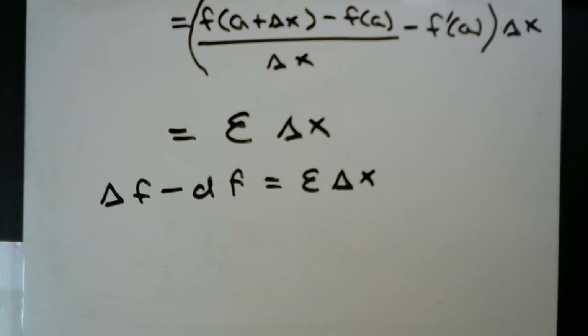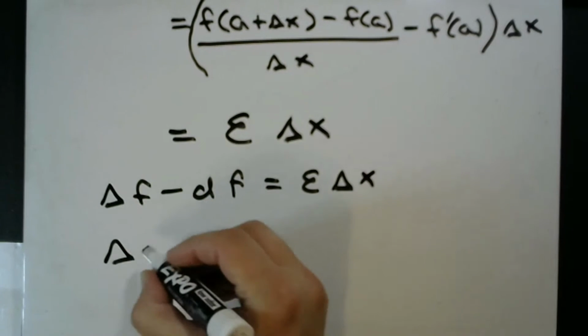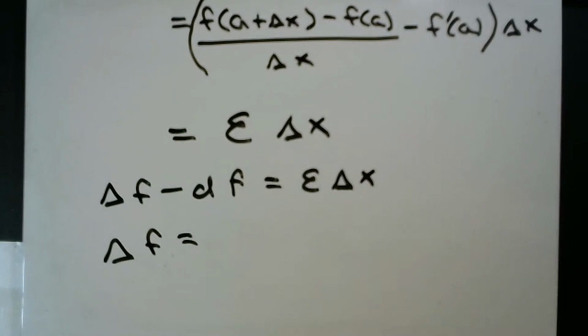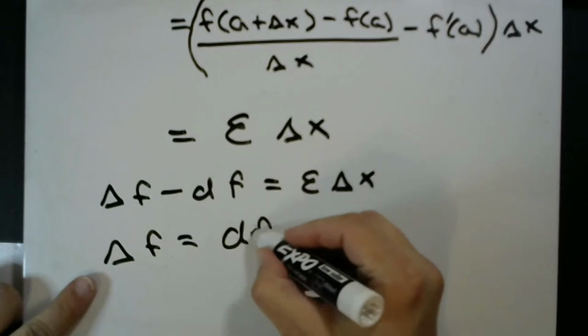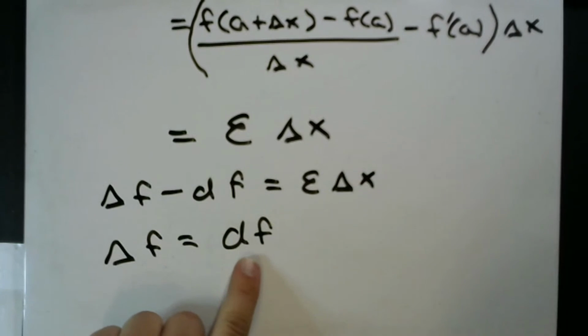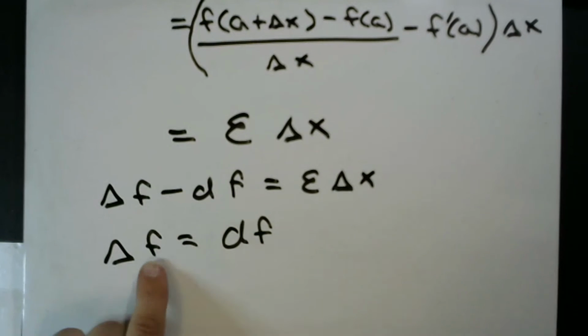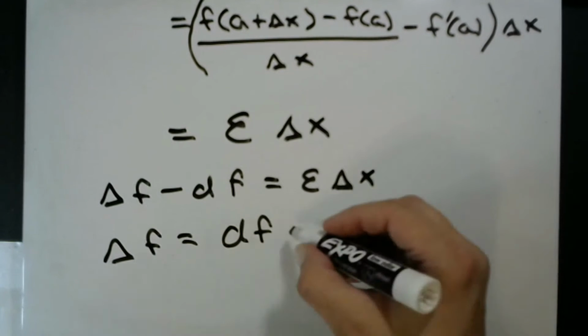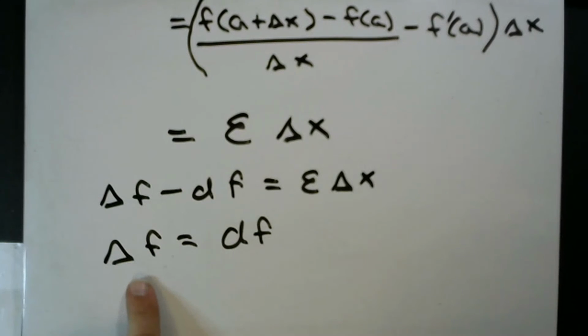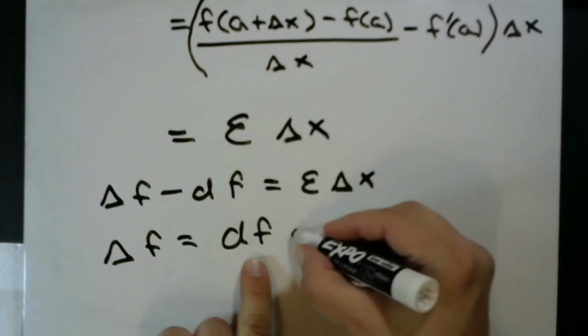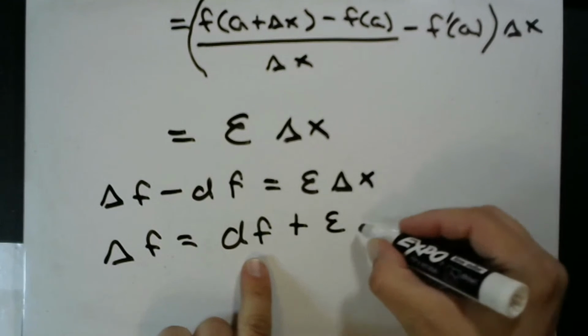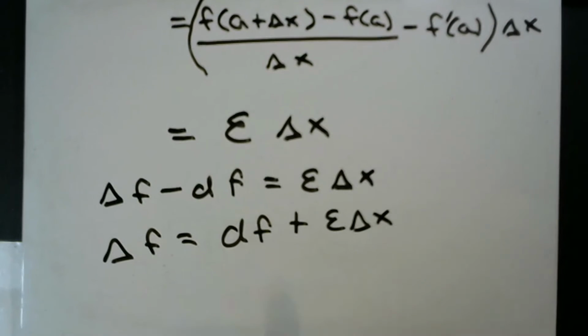And so if we solve for delta f, the actual change in our function is the differential change. And remember, df is the change of the linearization representing f. The actual change in the function is the change of the linearization plus an error term.